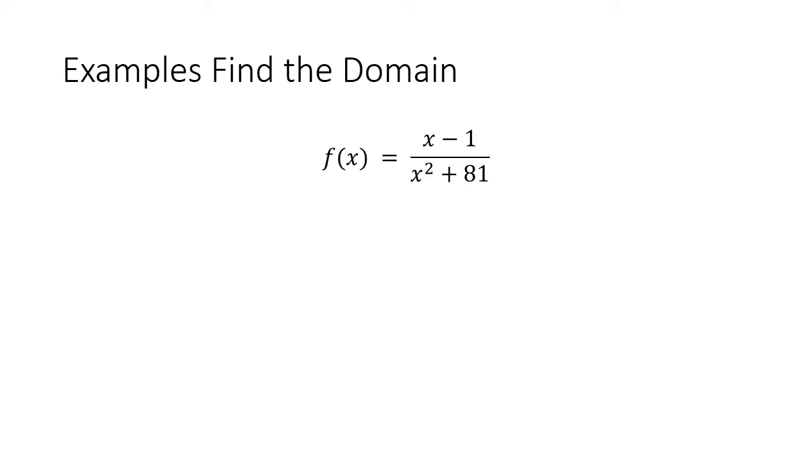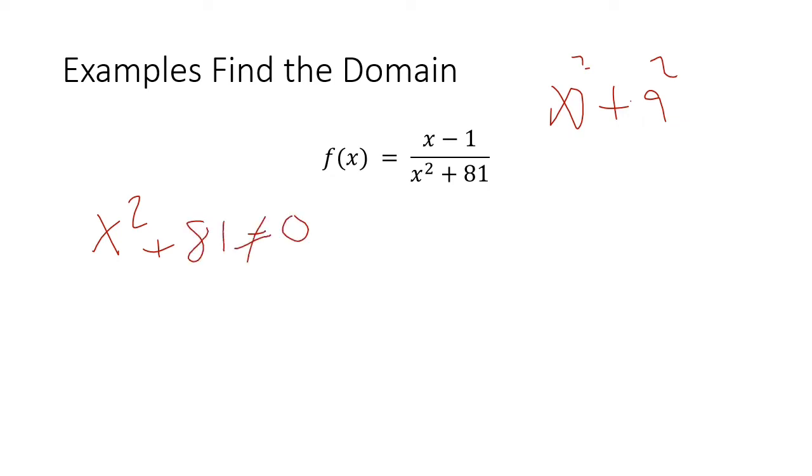Now here's that case we talked about where we have the x squared. Basically, you could call this x squared plus 9 squared. This cannot be factored, okay? And if we set it equal to 0, let's see what happens. x squared plus 81 not equal to 0.